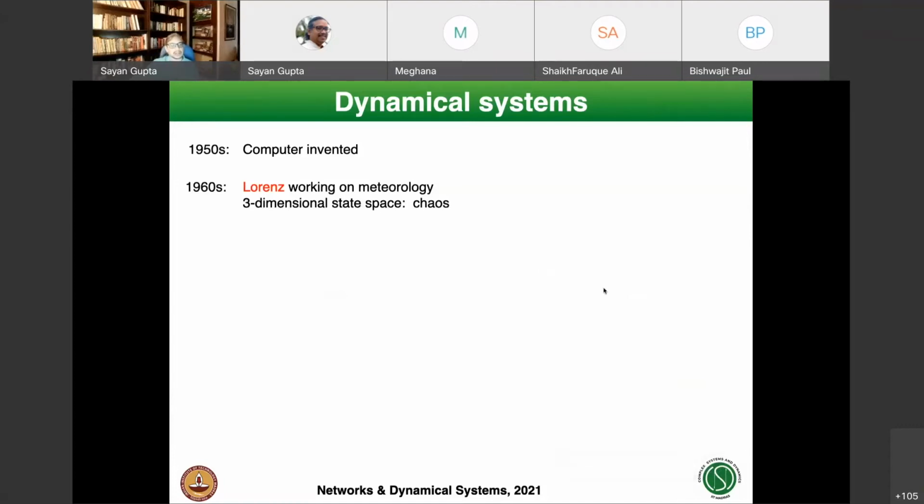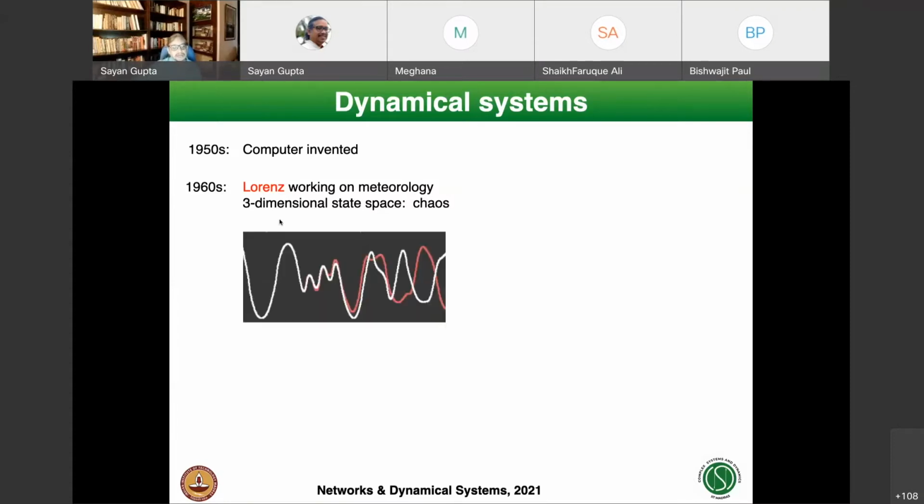So in the 1960s, Lorenz, who was a meteorologist working at MIT, came up with a very simplified model for the atmospheric circulation, and that involved a set of differential equations defined in three-dimensional state space. And there he observed one day a very interesting phenomenon.